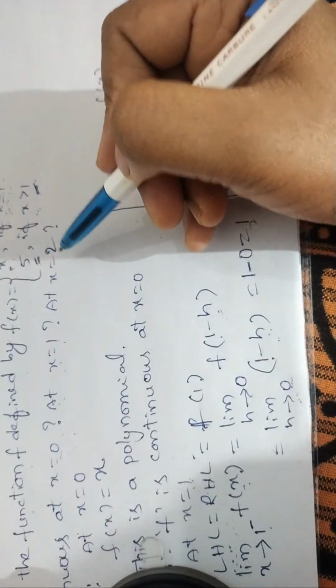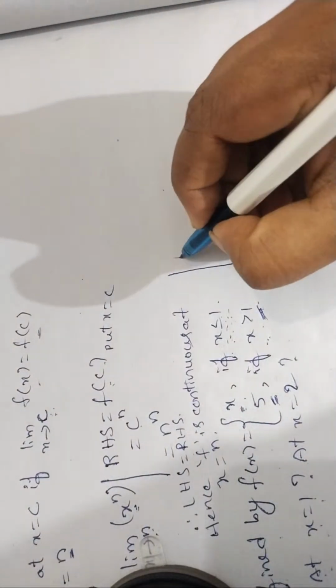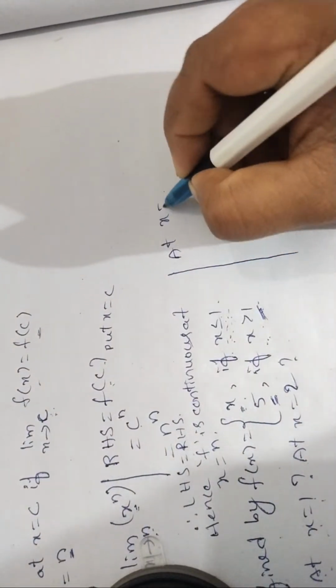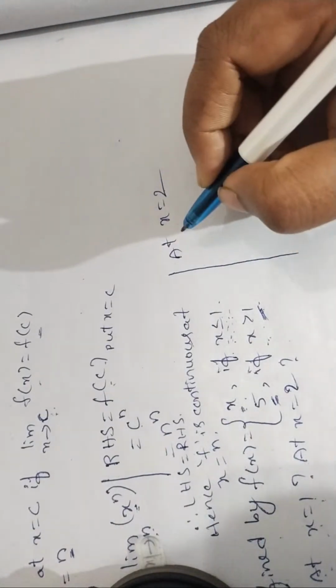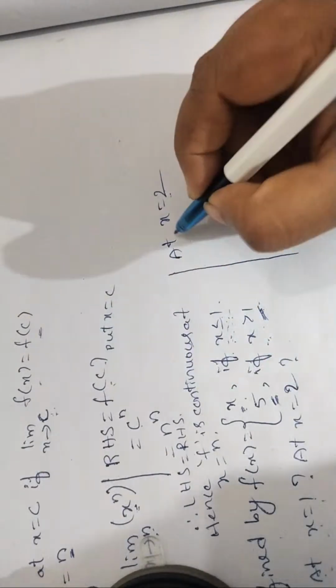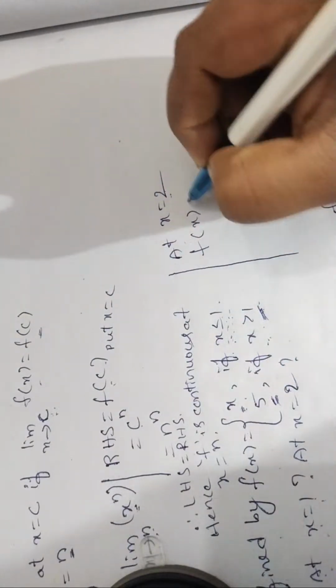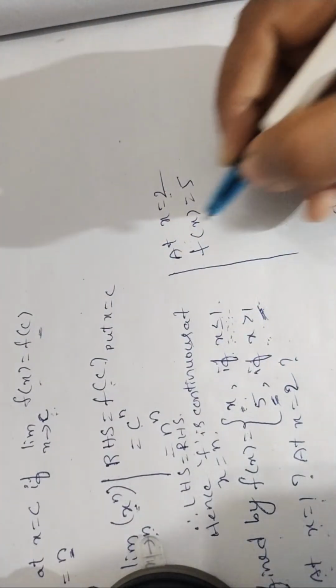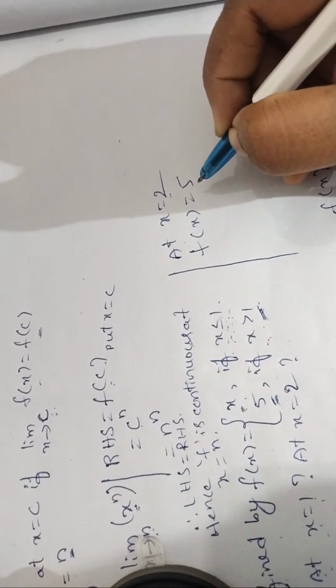Next, at x equals to 2. This is the third case. At x equals to 2, it is more than 1. The case is more than 1. For more than 1, the function is 5, so f of x is equal to 5. 5 is a constant. When it is a constant, we call it a polynomial.